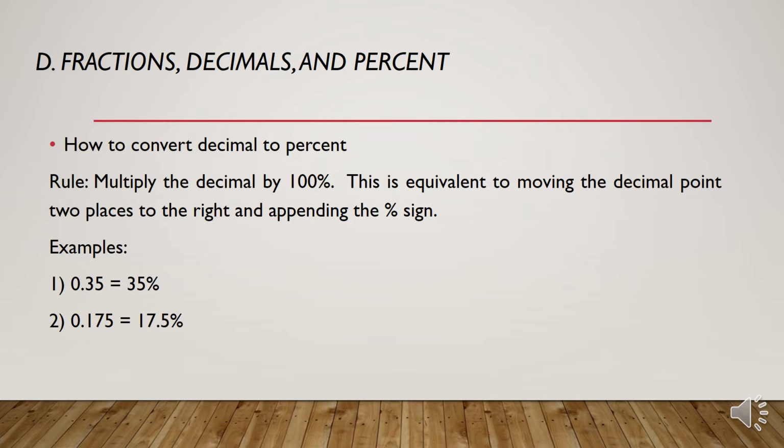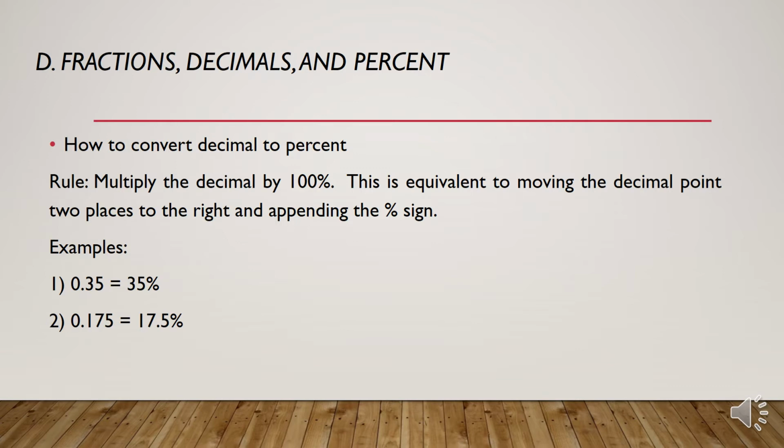The same with example number 2, 0.175 or 175 thousandths. Again, multiply 0.175 by 100. The result will be 17.5 and then copy the percent sign.